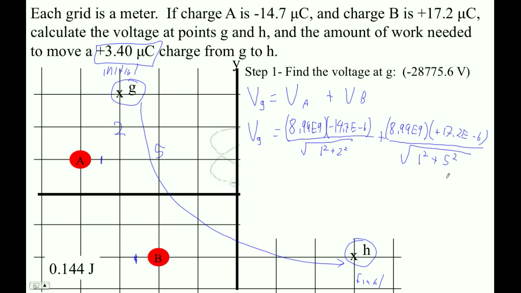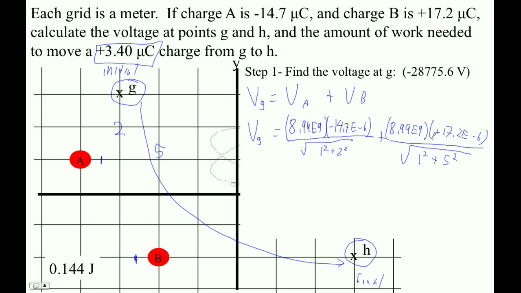So let's try that. Negative 14.7 E minus 6 divided by the square root of left parenthesis 1 squared plus 2 squared.